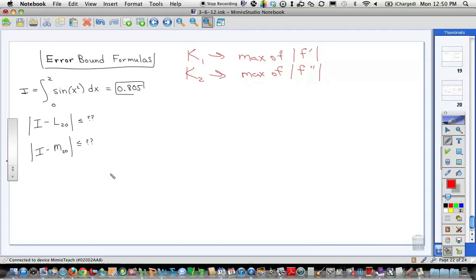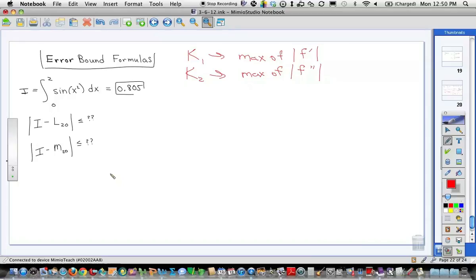If this was a problem on the homework or on the quiz, I might ask you to find what your homework calls a theorem 3 error bound. On page 387, that box is called theorem 3. If they say find a theorem 3 error bound, they're talking about using these formulas, for an L20.